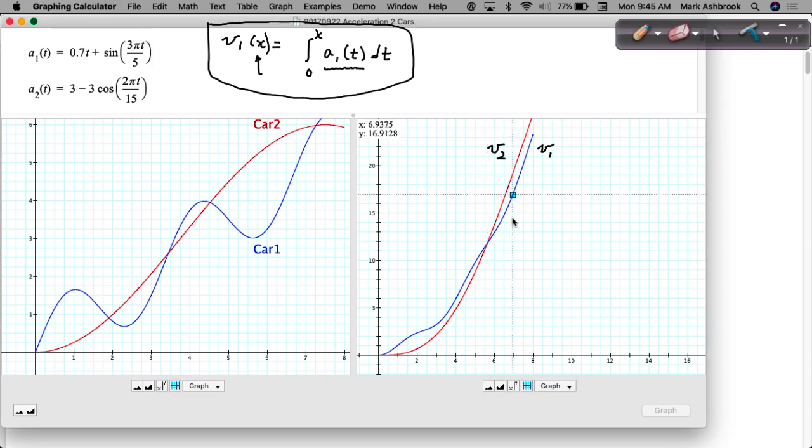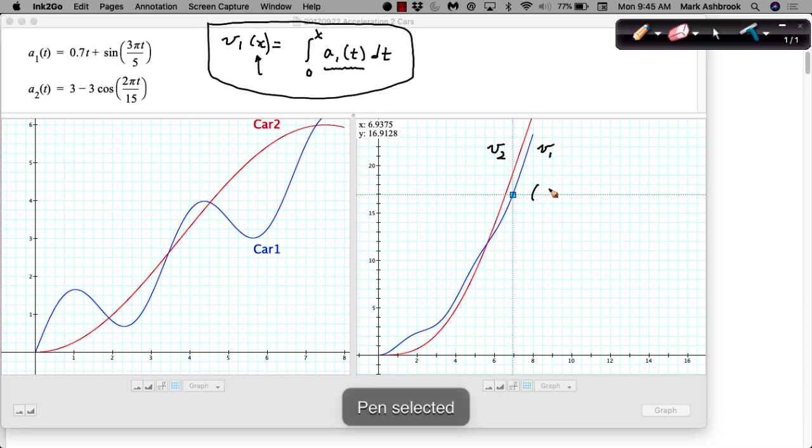So here's the point, 6.9375 and 16.9128. And what is that telling us? 16.913. What is that revealing to us about this situation? Somebody knew. I know these guys in front know. What does that reveal about the situation?